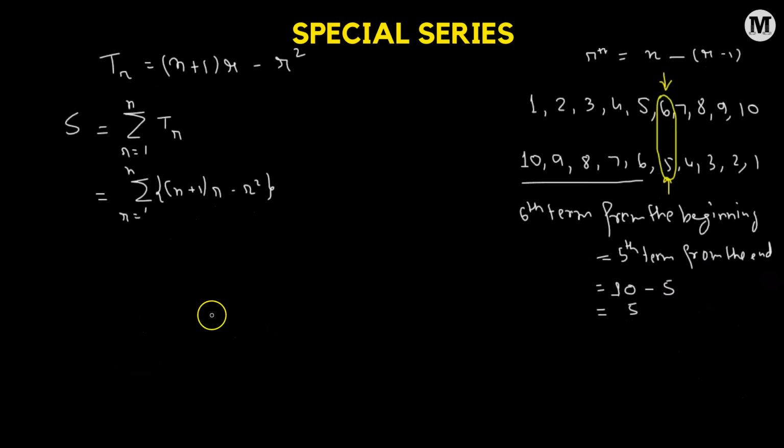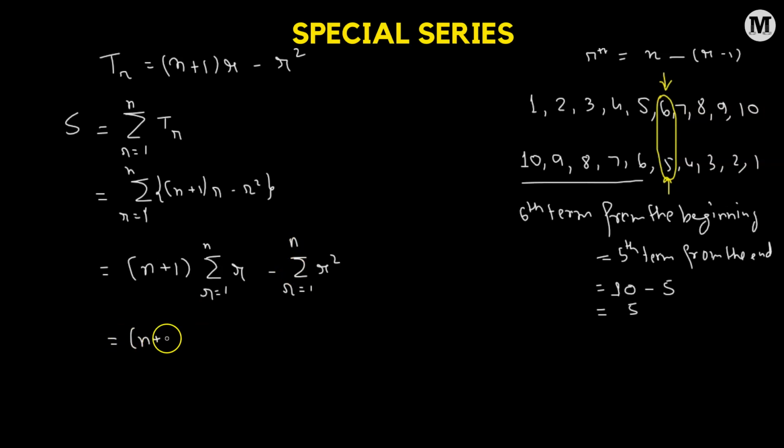Now let's expand the summation. We have n plus 1, that is simply a constant here, so it is going to be pulled out of the summation because we're taking the sum over r. So we have summation of r, where r goes from 1 to n, minus summation of r squared with r running from 1 to n. This is going to be equal to n plus 1. Now what is summation of r? Summation of r is simply the sum of the first n natural numbers, 1 plus 2 plus 3 all the way up to n.